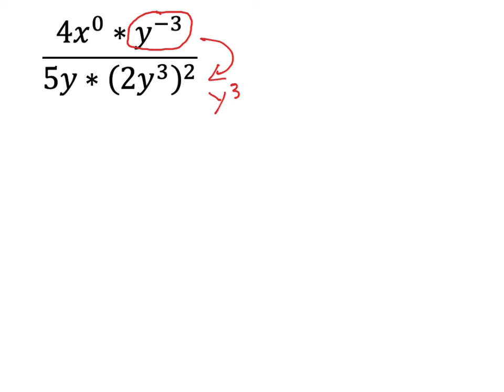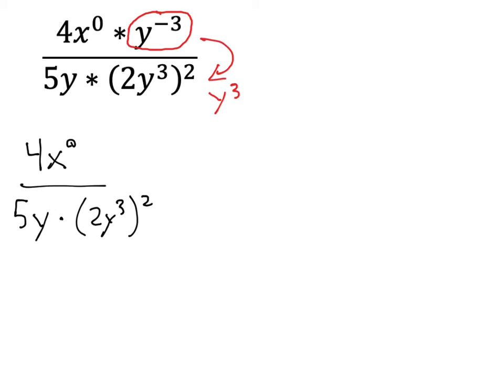If we just do that step, we'll be left with 4x to the power of 0 in the numerator. We still have all of these other terms in our denominator. And now this y to the power of positive 3.